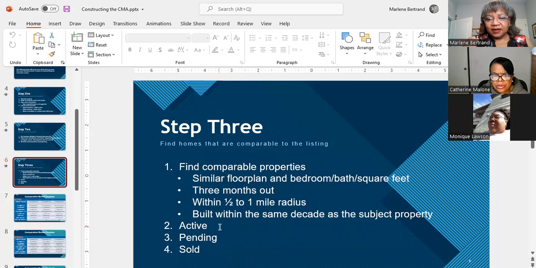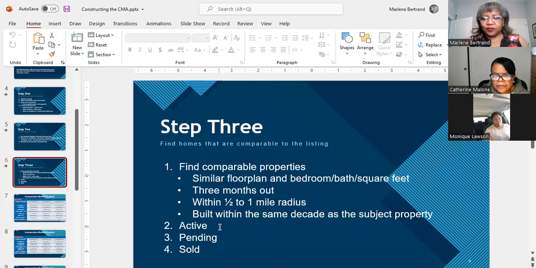If you can't find 3 pending, it's not as critical, but again, if you can't find anything pending, take the search out a little more, or take it to a wider mile span, into a different decade of the subject property if you have to. And again, with sold, the goal is to get 3. If you get 3, great. If you can't, then work on the parameters.